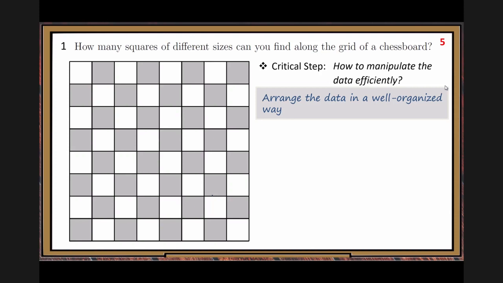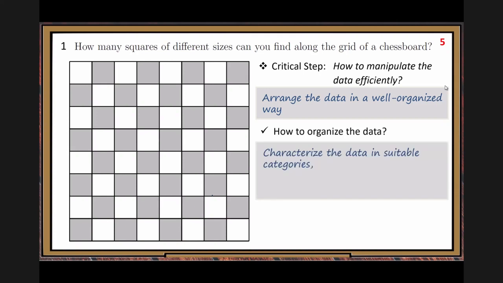We allocate our data into different categories: 1 by 1, one category; 2 by 2, second category, and so on. So we organize our data in these 8 different categories. That's the way we organize our data.